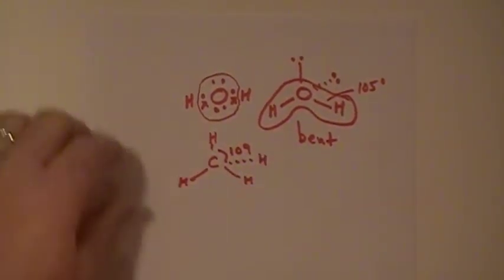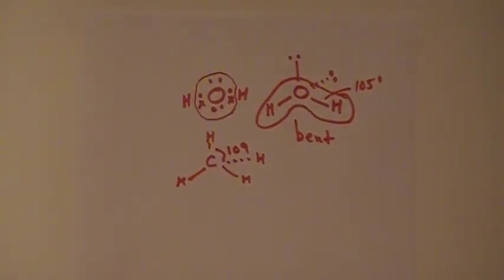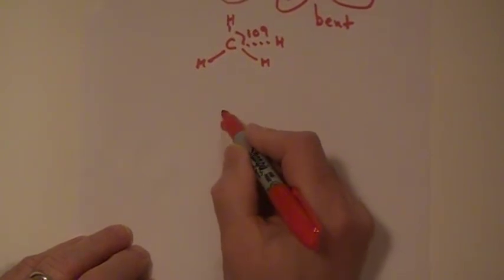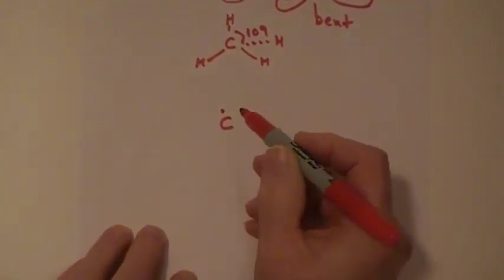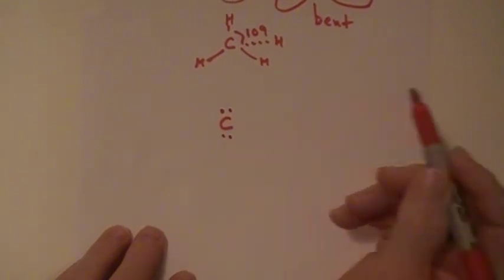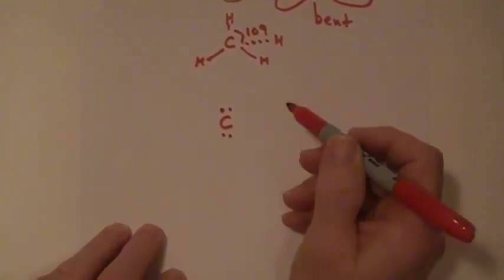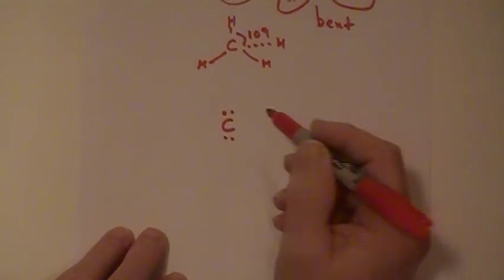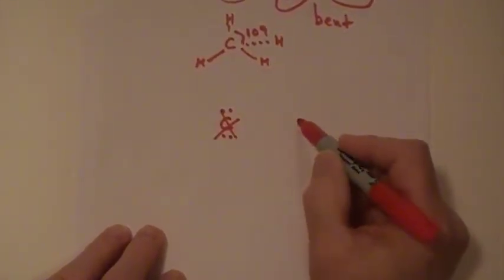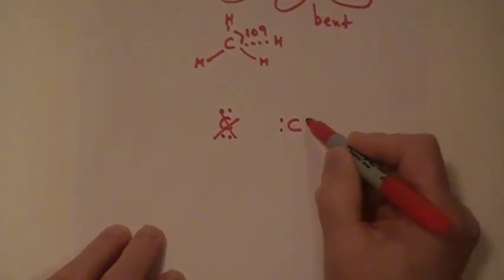One more, we'll look at carbon dioxide. Carbon dioxide, again, carbon has 4 valence electrons. Oxygen has 6. So if we put the electrons, I know what the answer is going to be, so I'm going to put it like this.